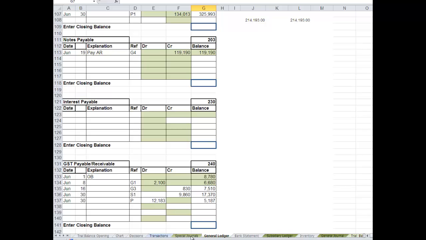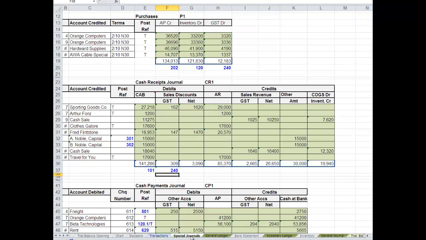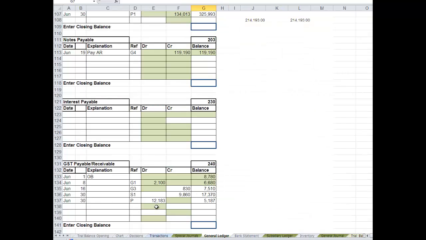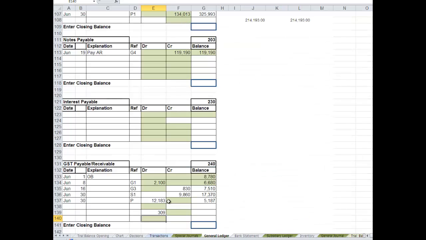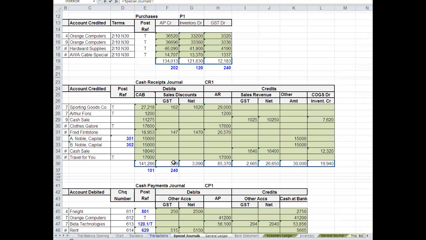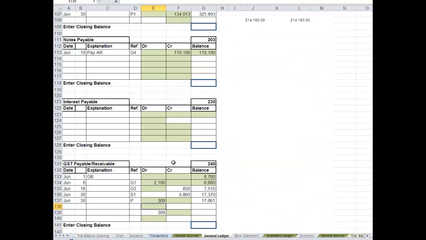Is that a debit to 309? Debit to 309. So what happens here? Right, so that's answered the query for me at least.